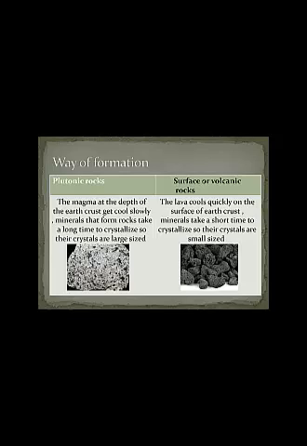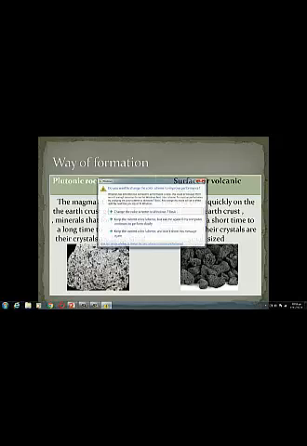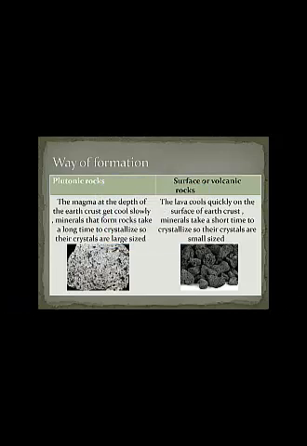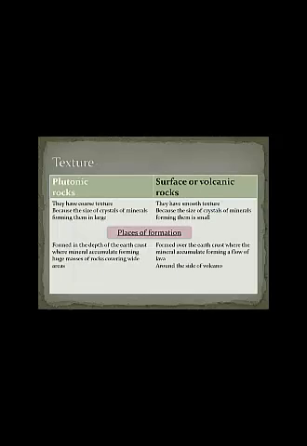On the other hand, surface or volcanic rocks are lava that cools quickly because it is at the surface of the Earth's crust. Minerals take a short time to crystallize, so their crystals are small in size. This is the difference between plutonic and volcanic rocks.